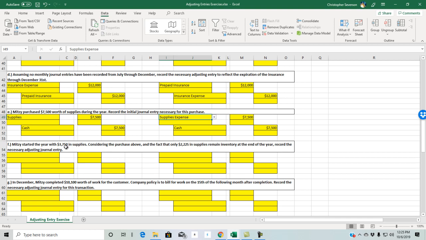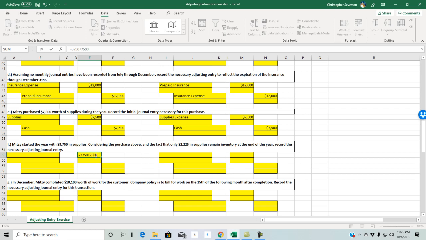We started the year with $3,750 in supplies. We know we added $7,500, but we only have $225 left. So the journal entry there would be, we have to take the $3,750 starting balance plus $7,500 that we purchased.